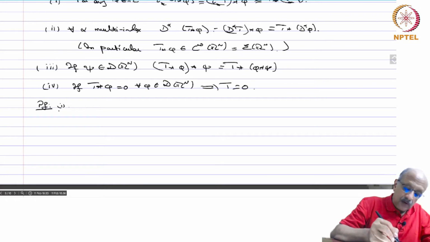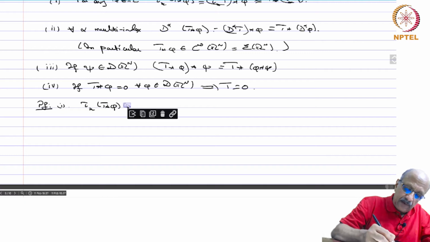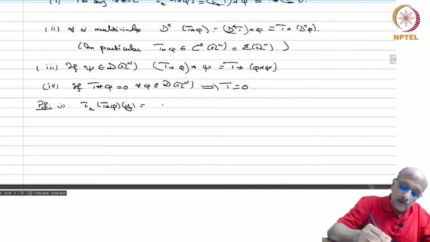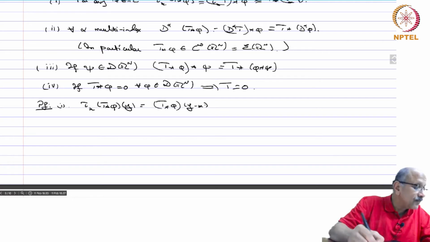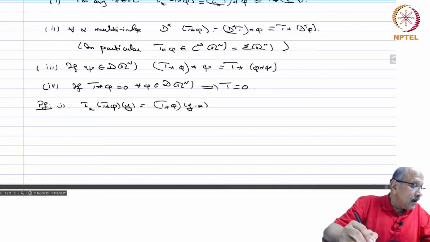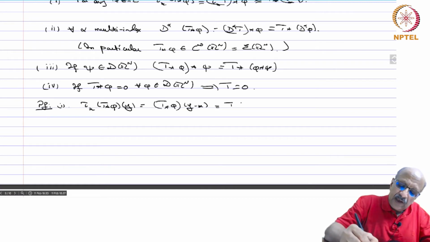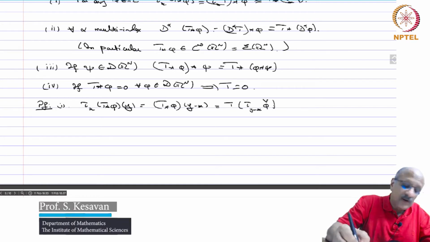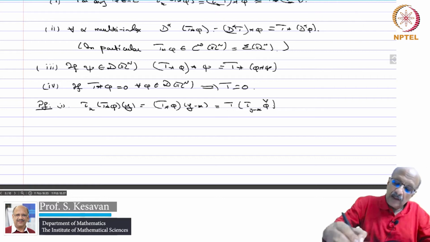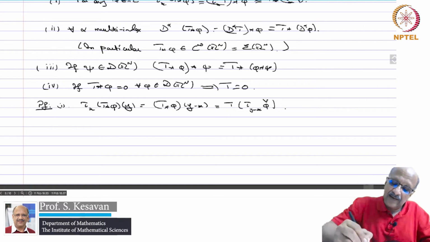So, first, you take tau x of (T star phi), evaluate it at any y. This is equal to (T star phi) at y minus x. Okay, and how is this defined? This is T of tau y minus x of phi tilde. That is the definition of the thing. Now, tau y minus x I can write as tau y tau minus x, and that is commutative.